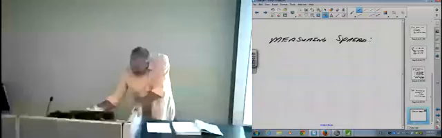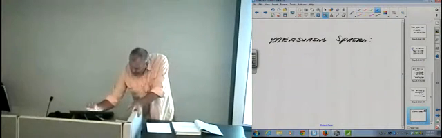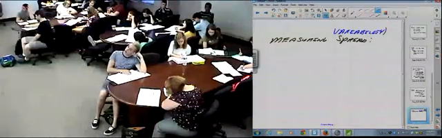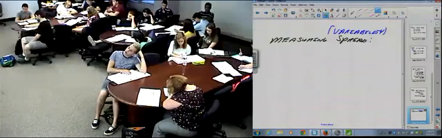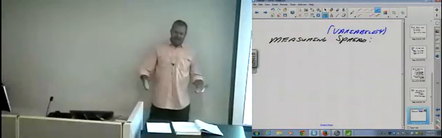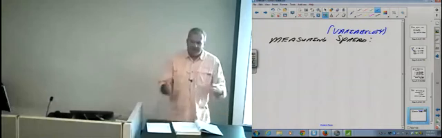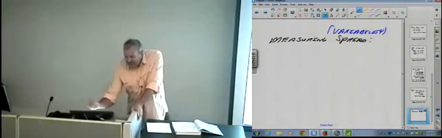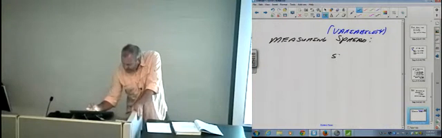Now, the other day I wrote variability, right? How does your data change from one individual to the next? How are you going to measure spread? Okay? Well, our second one is the standard deviation.